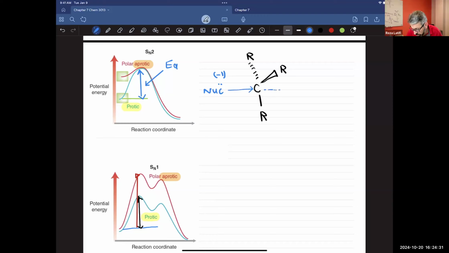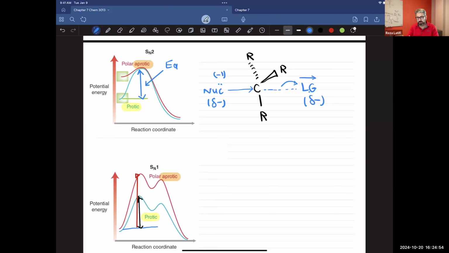Well, the leaving group at the same time is taking the electrons, 2 electrons, and it's leaving. So the nucleophile has a negative charge or partial negative charge. The leaving group is taking the electrons with it. It's taking those 2 electrons and it will leave. So this one also will have a negative charge.